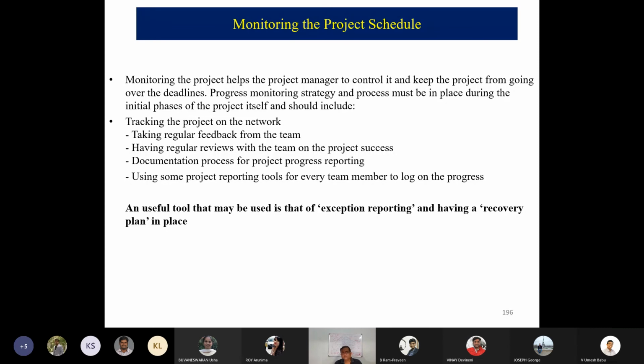Progress monitoring strategy and process must be in place during the initial phases of the project itself and should include tracking the project on the network, taking regular feedback from the team, having regular reviews with the team on the project success, documentation process for project progress reporting, using some project reporting tools for every team member to log the progress. A useful tool that may be used is that of exception reporting and having a recovery plan in place.